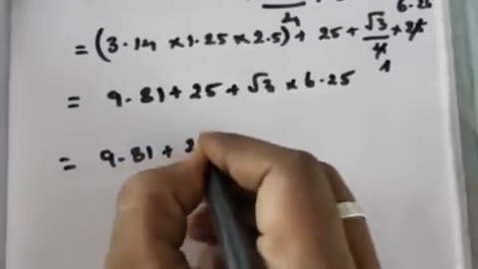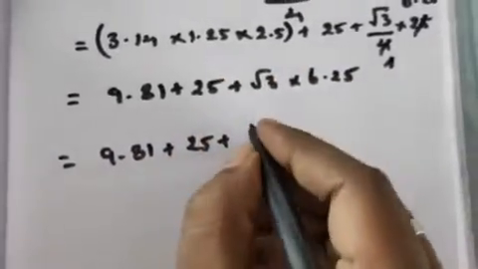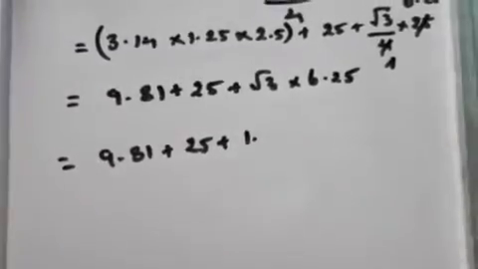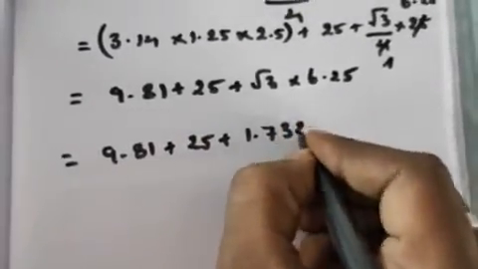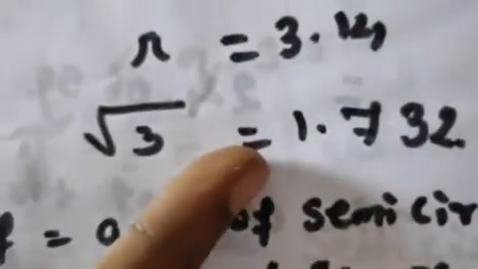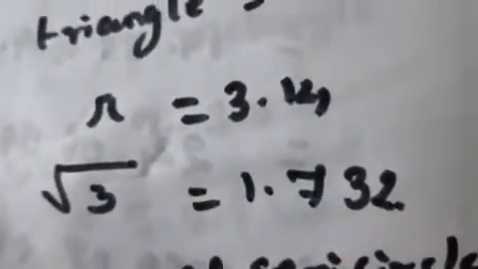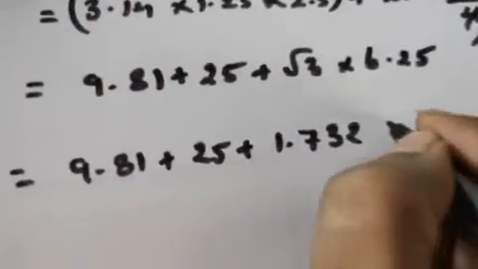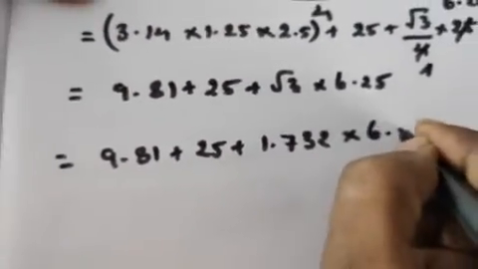9.81 plus 25 plus root 3 value, which is 1.732, into 6.25.